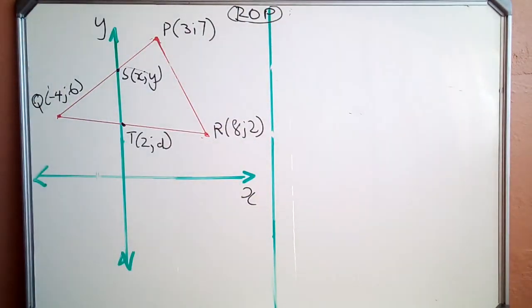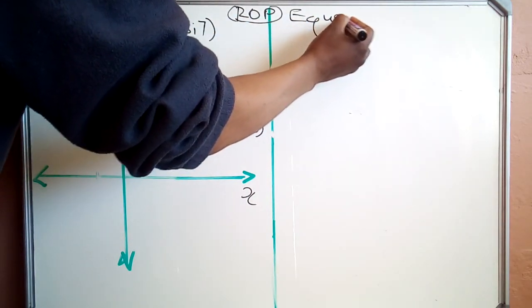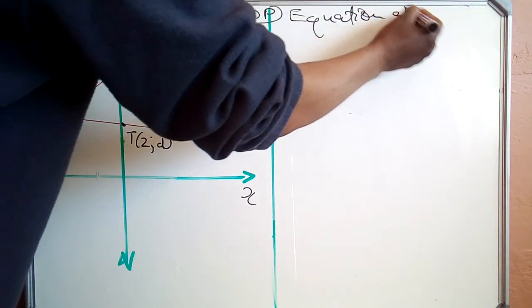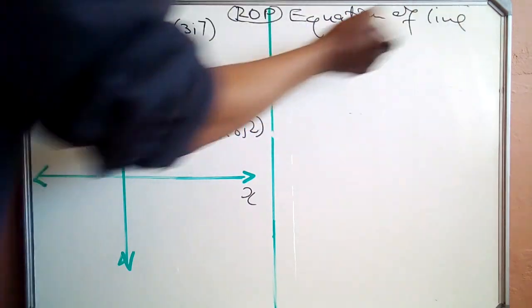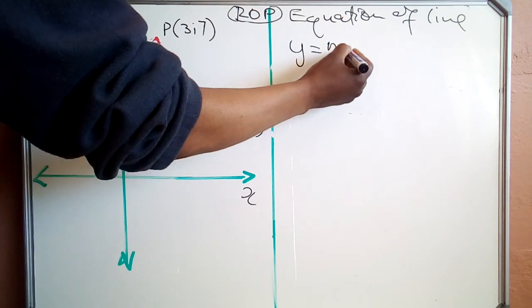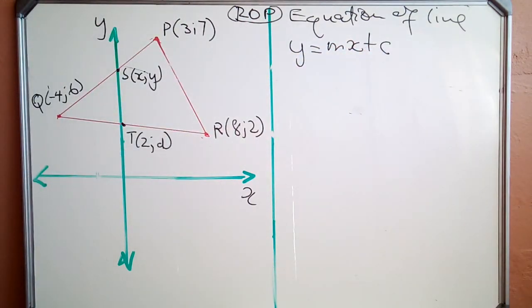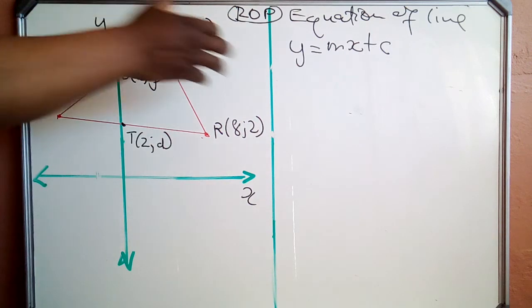Now they want us to find the equation of the line. We know the equation of the straight line is going to be y equals mx plus c. Now there are two methods that I want us to do in this regard, but these two methods must get us to the same answer.